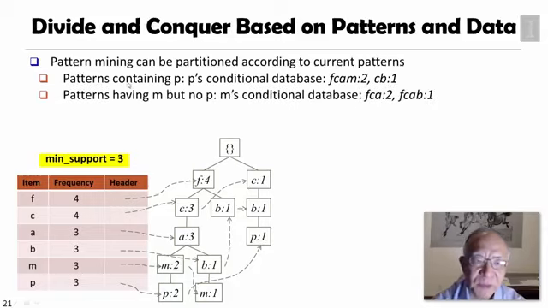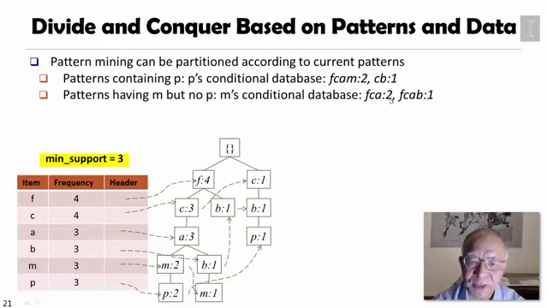Then if you want to look at M's conditional database, the philosophy is you are thinking of the patterns having M but not having P, because P has already been taken care of by P's conditional pattern base. So you look at M's conditional database, and you also look up, you get FCA. For this branch, they occur twice.